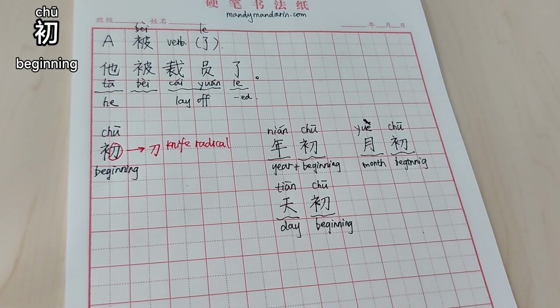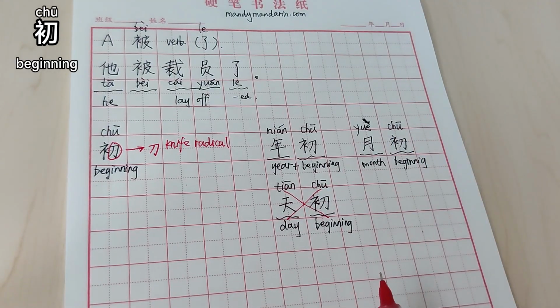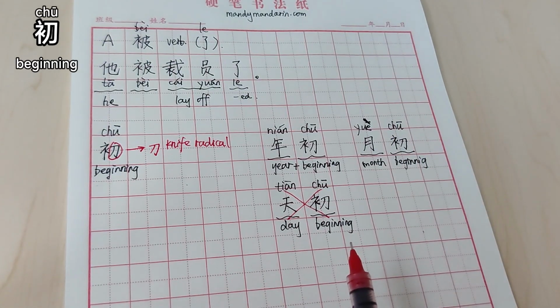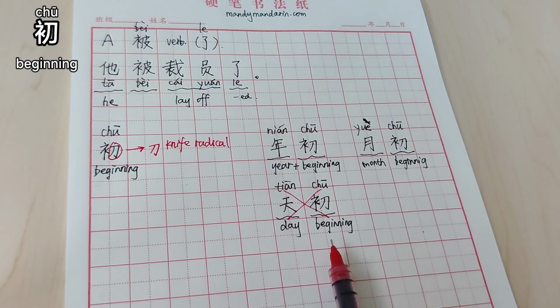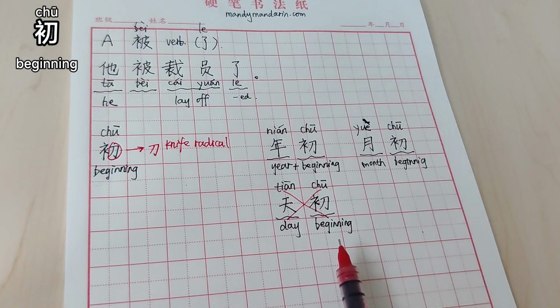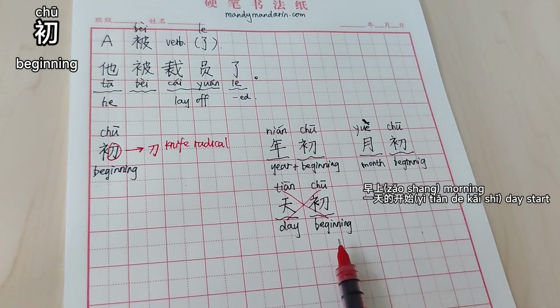Well, to be honest, no. I know it sounds logical and it sounds like it should make sense, but no, we don't say 天初. Usually we just say 早上, or we can say 一天的开始, a day's start, which means the beginning of the day.